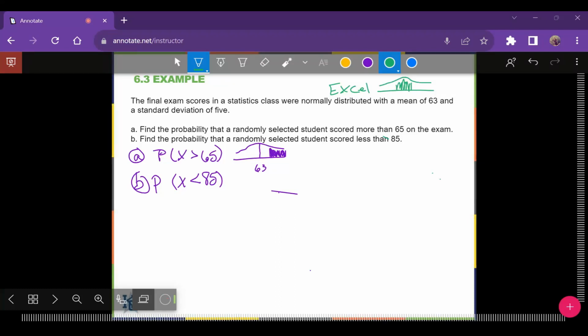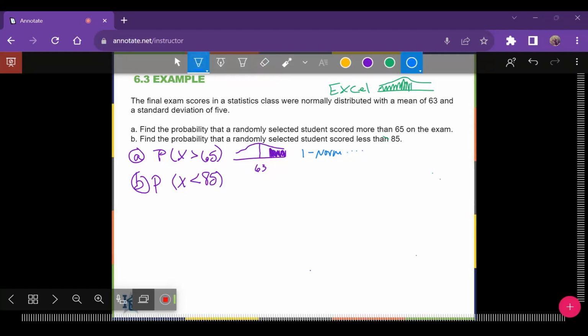So Excel can only tell you less than. So since the whole area under the curve is equal to 1, then we can do 1 minus anytime we're trying to look at a greater than. So when we do this in Excel, this is when we're going to use the 1 minus and then go in with the normal distribution and so on.